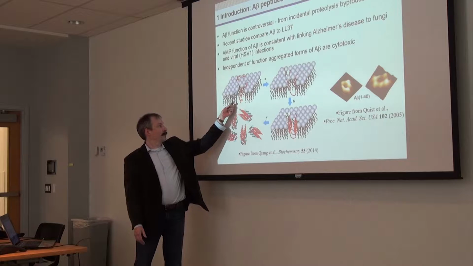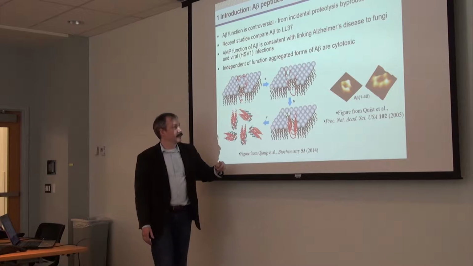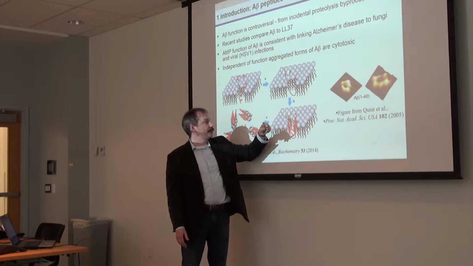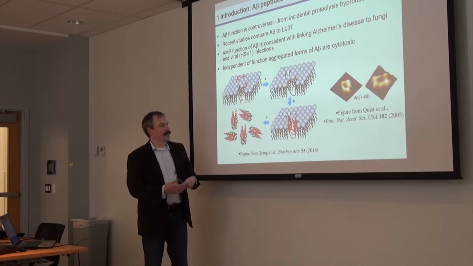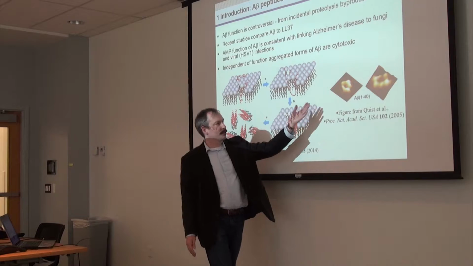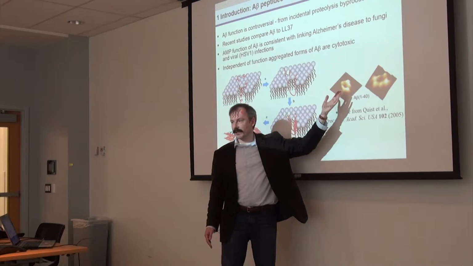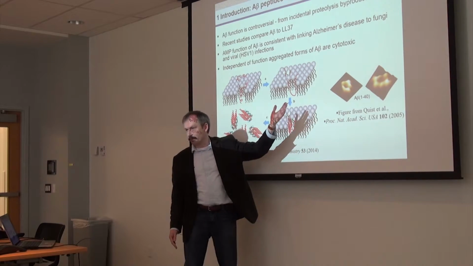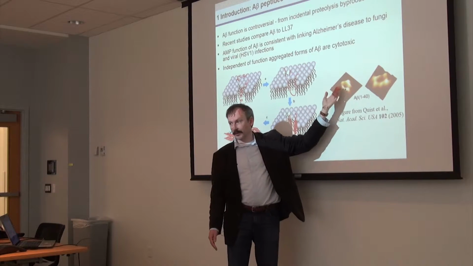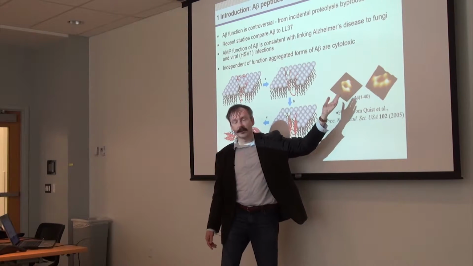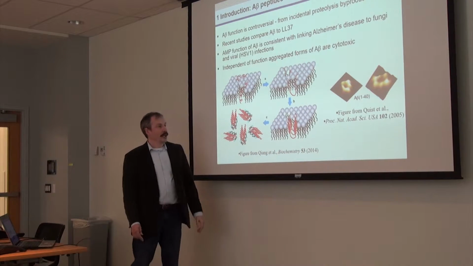that you have an A beta peptide interacting with the lipid bilayer. It inserts deep into the bilayer, then it starts to aggregate. What happens next is hard to say. Some experiments suggest that well-defined pores are formed as a result of this aggregation. This is actually AFM, atomic force microscopy, tapping images of these structures.